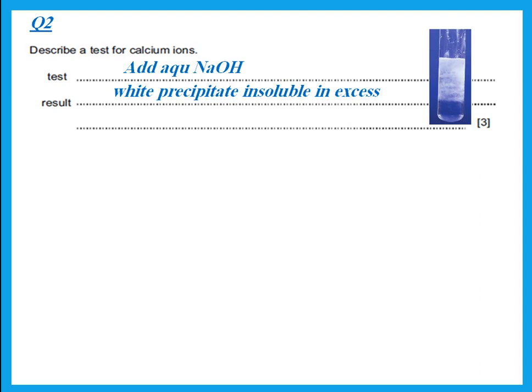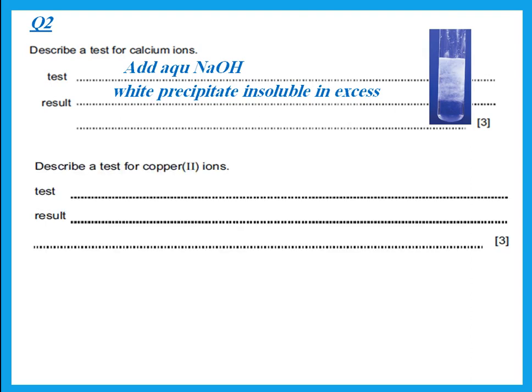Again, what does that mean? It means if I add drops of sodium hydroxide, we get a white precipitate. Now continue to add sodium hydroxide so that the sodium hydroxide is now in excess. In the case of calcium, the precipitate will still remain. So we say it is insoluble in excess.